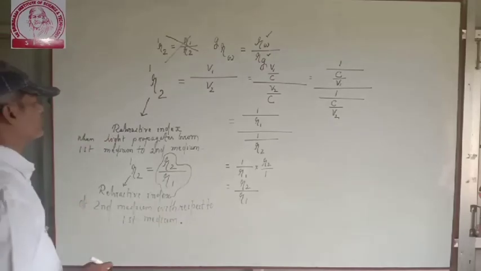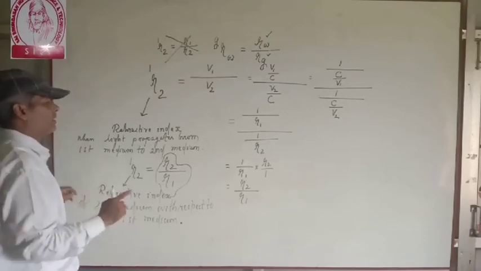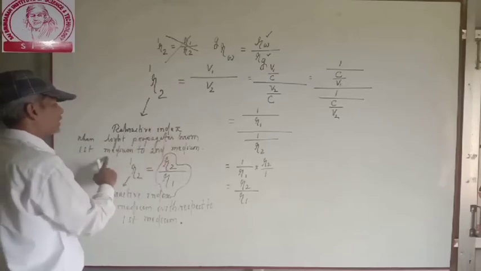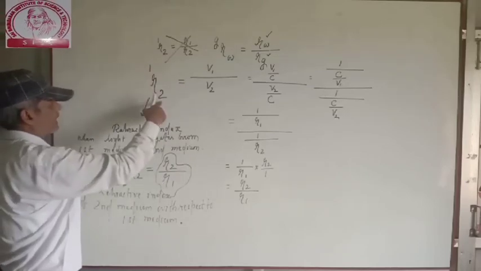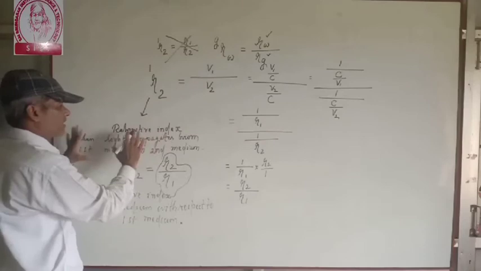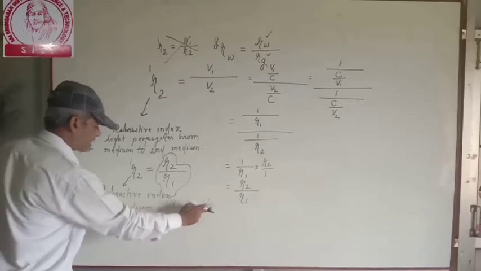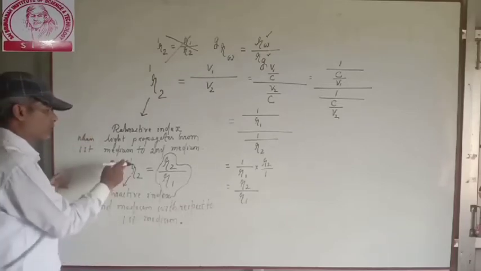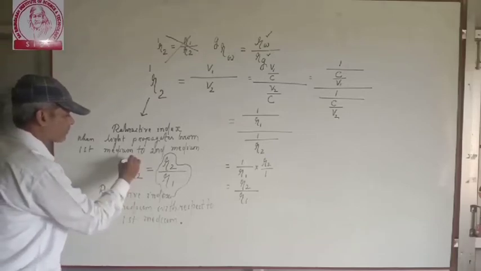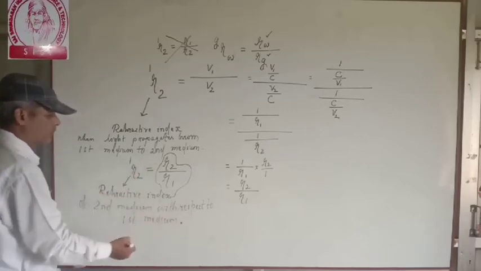But it is my advice to you, 1 mu 2, you just remember refractive index when light propagates from first medium to second medium. It is better to remember like this. No doubt, 1 mu 2 can be stated as relative refractive index of second medium with respect to first medium.